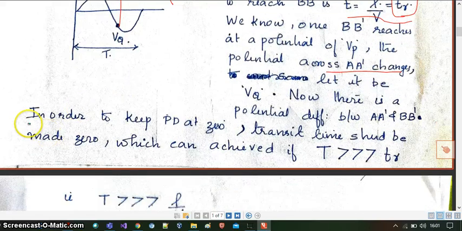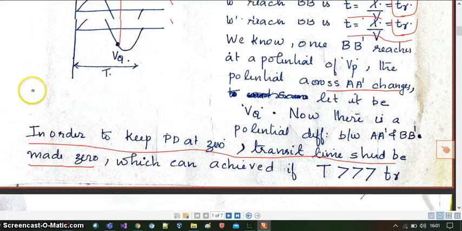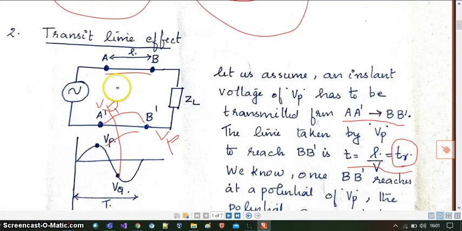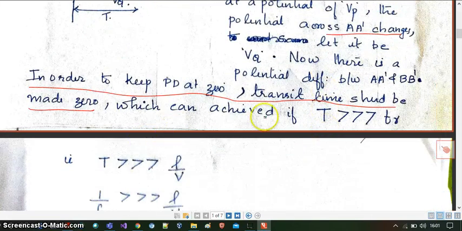Now in order to keep the potential difference at 0, the transit time should be made 0. Okay. So if you want to make the potential difference between these two points 0, then you have to make this transit time equal to 0, which can be achieved if capital T is much greater than Tr.